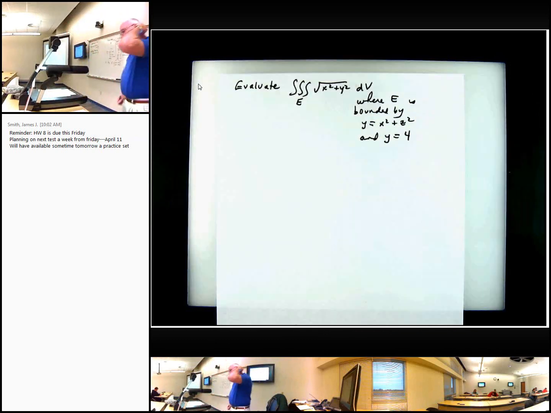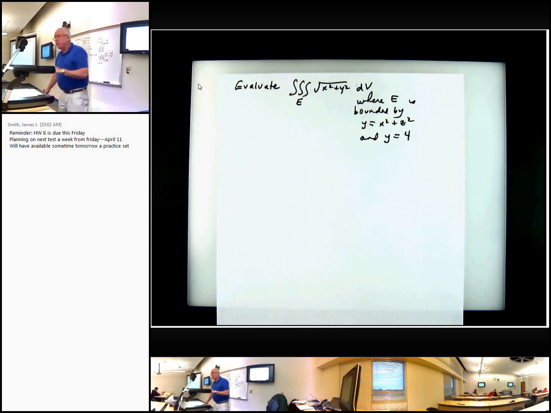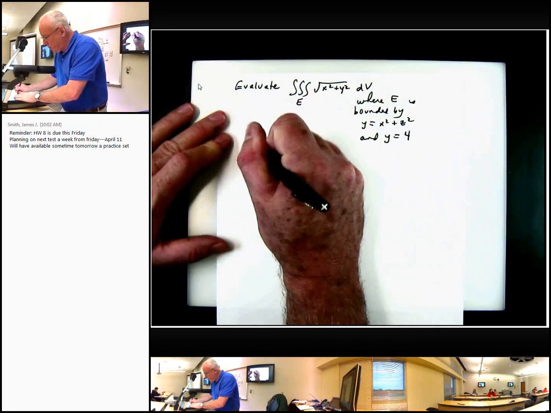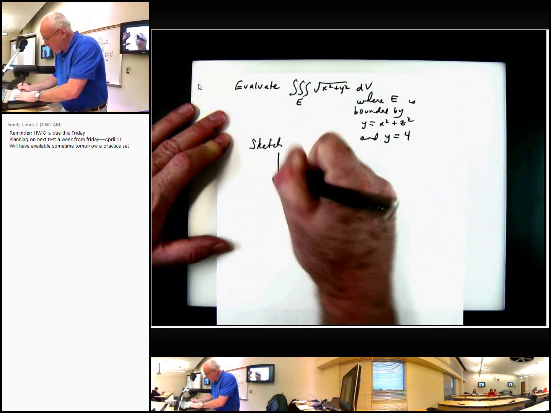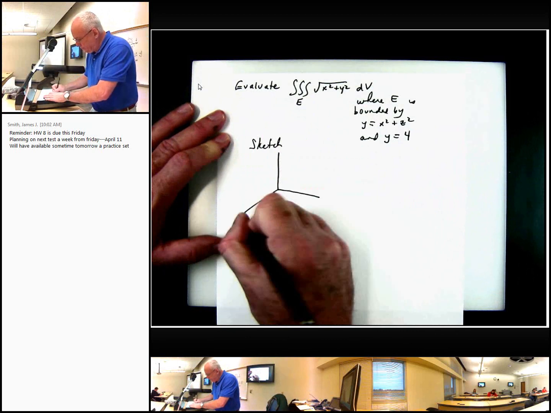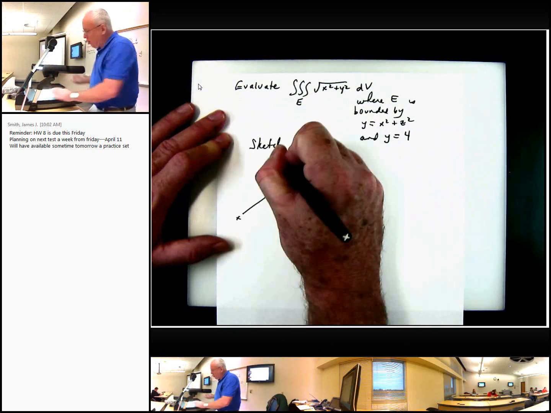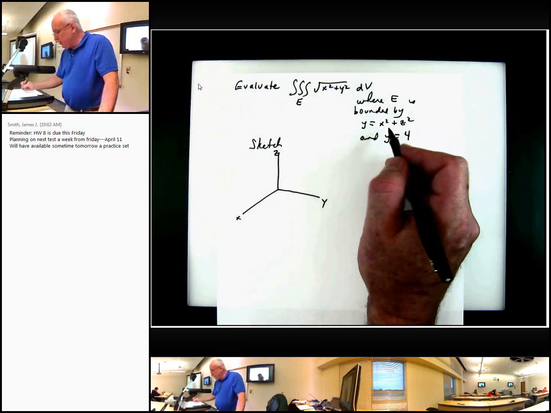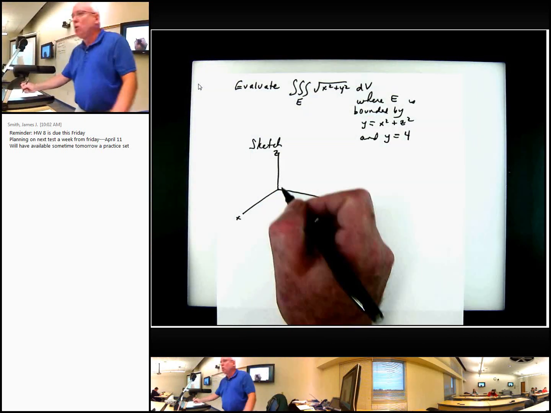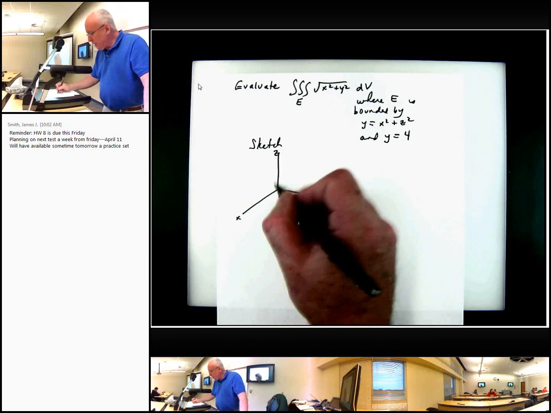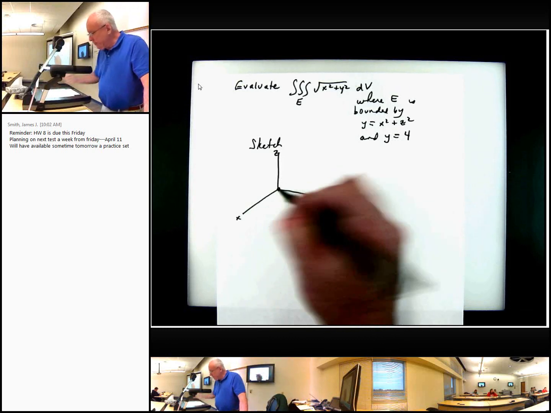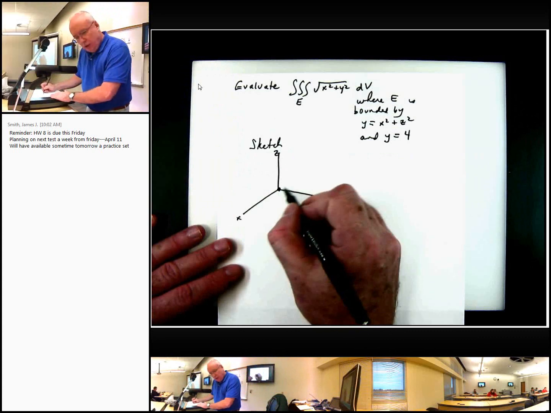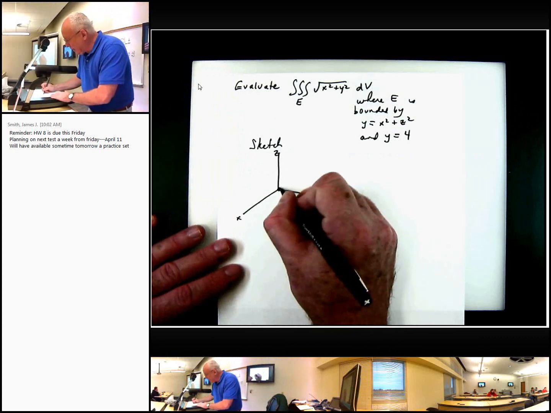Now, it really helps to do a rough sketch of what we're talking about here. So here are our axes. Now, this one here, y equals x squared plus z squared, is going to grow along the y-axis. When x is 0 and z is 0, it's at 0. But then as x and z get bigger, it goes out like a parabola.